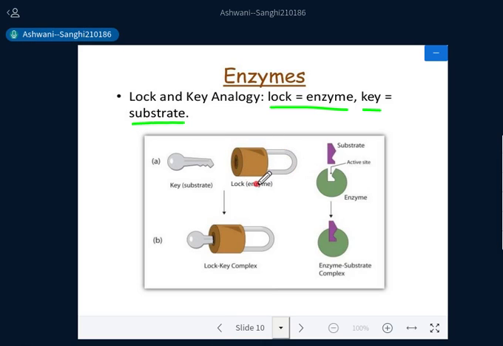Lock is a big molecule, like enzyme is a big molecule. Lock has a particular site, like enzyme has a particular site, where substrate or key binds and it is converted into the product.